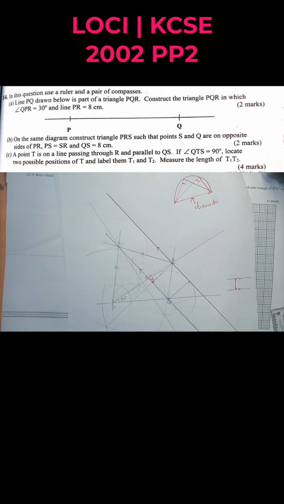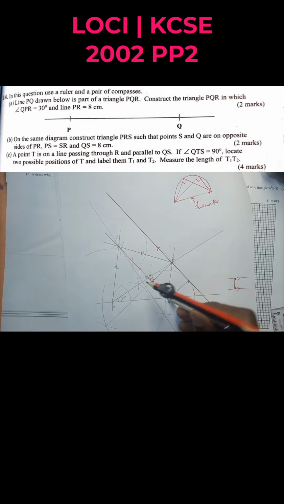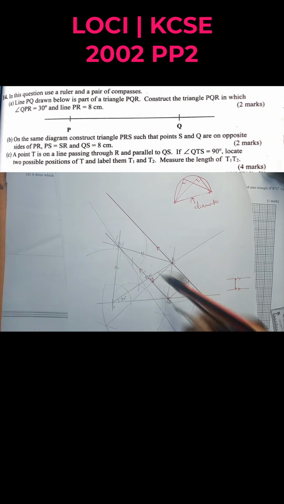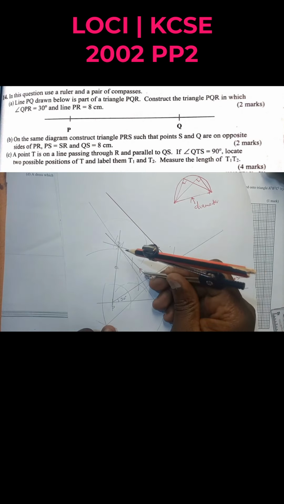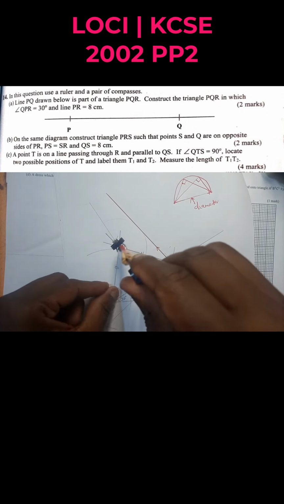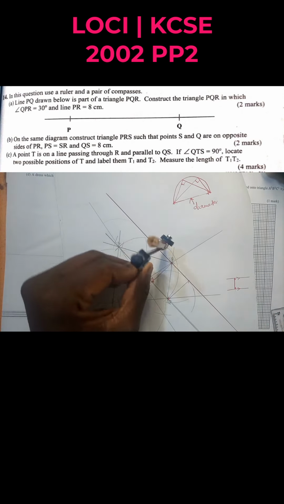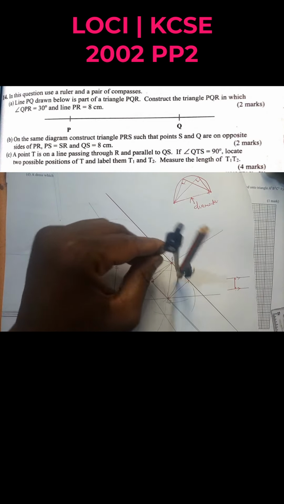From here, this is Q. Using that point as a center, I construct a circle, and that circle will definitely cut 2 points. So that is a circle.